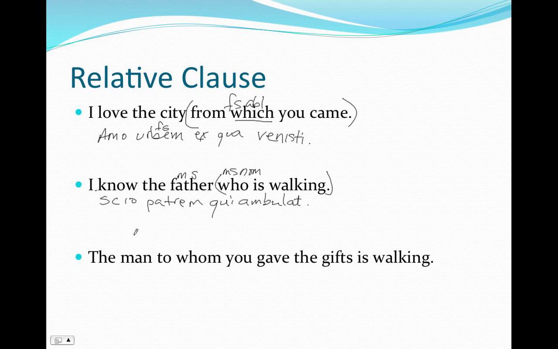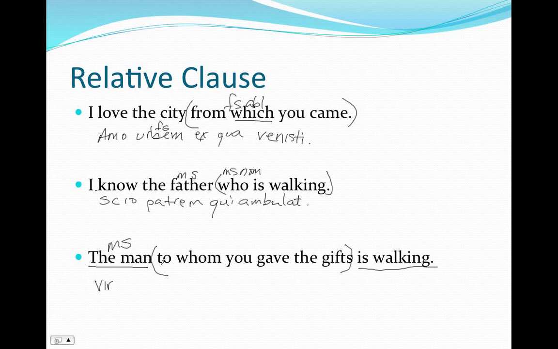And finally, the man to whom you gave the gifts is walking. So let's bracket off our relative clause. So to whom you gave the gifts. All right, so that's our full idea. And that leaves us with the main clause, the man is walking. So we can start with our vir, our man. It's masculine, it's singular.